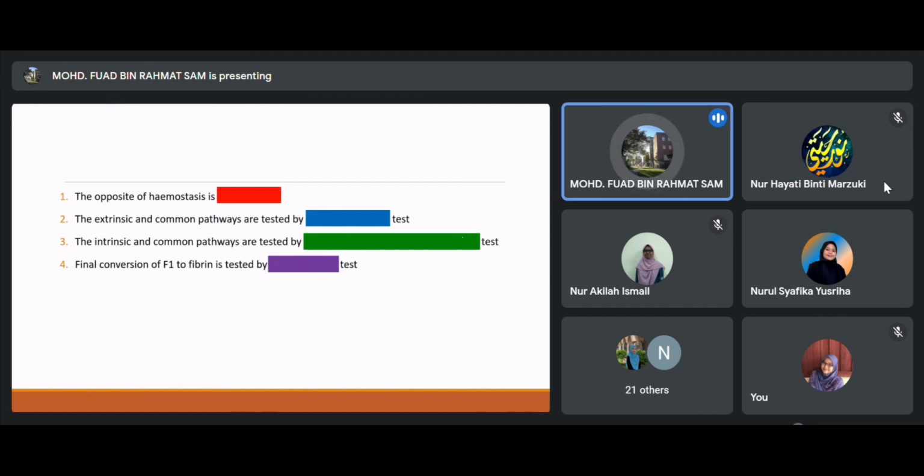Lawan kepada hemostasis, agak-agak apa? Dia bukan perbezaan antara hemostasis dengan homeostasis. Tapi konsep hemostasis tu apa berlawanan dengan konsep hemostasis tu? Hemorrhage. Yes, hemorrhage. Thank you.